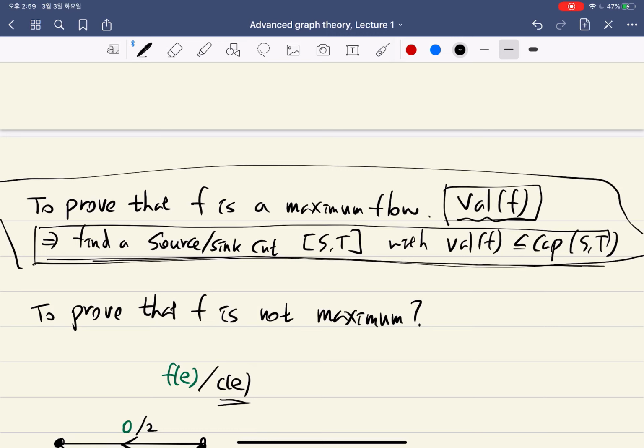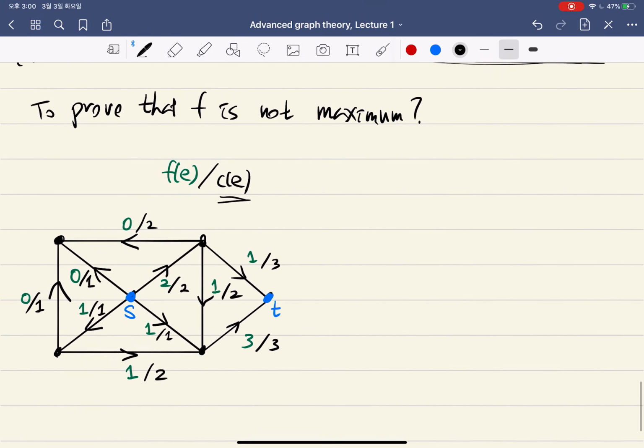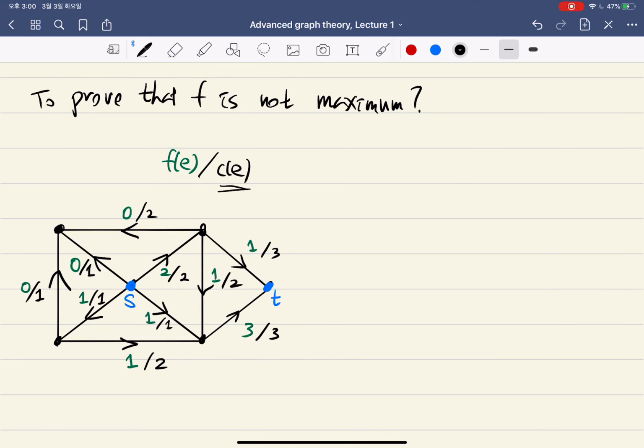But just the fact that we cannot find a source-sink cut with the same capacity does not necessarily mean that it is not a maximum flow yet. So we need some tool to prove that some f is not maximum. How do you prove something is not maximum? The easiest way is that we just find a better one.